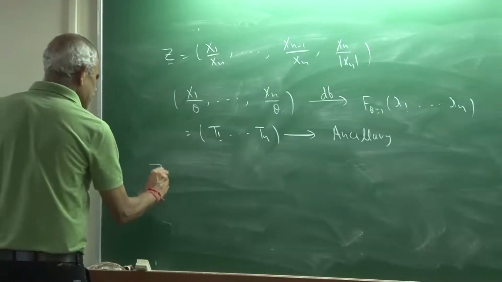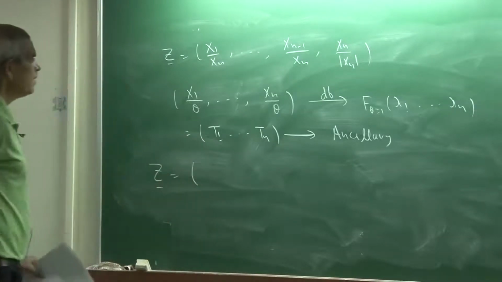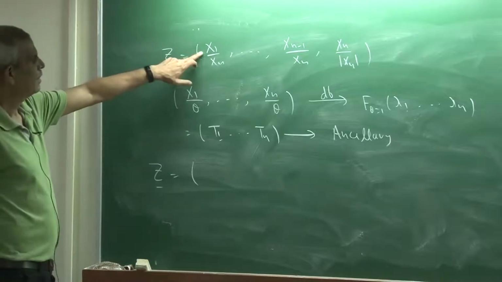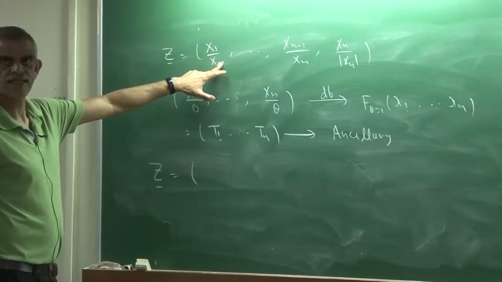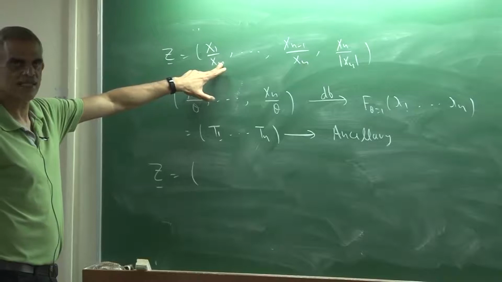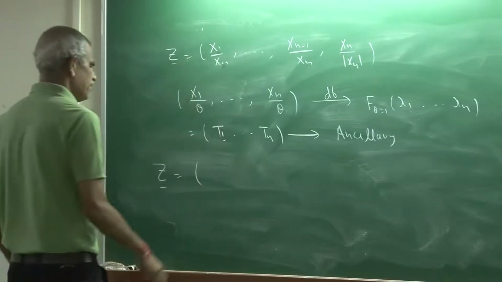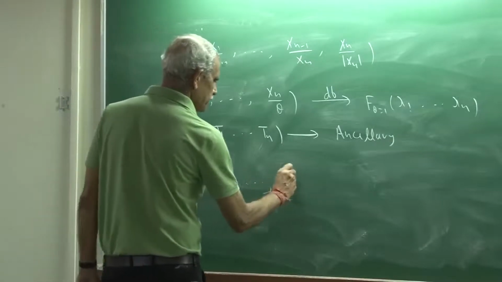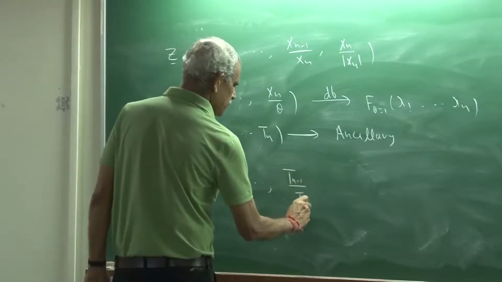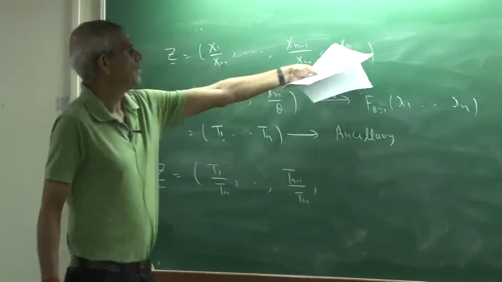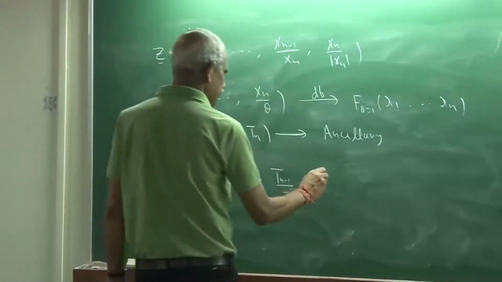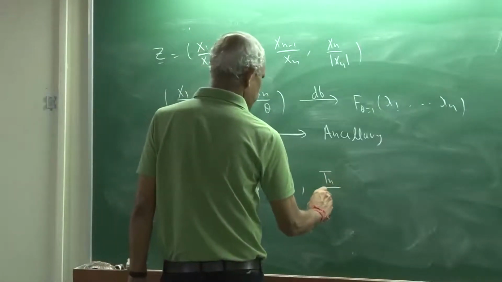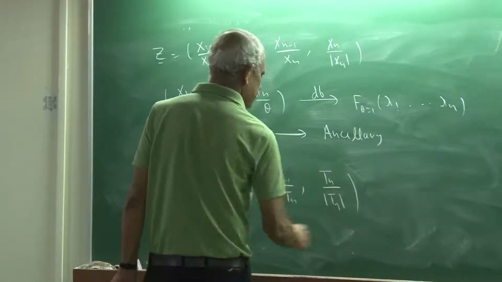Let us try to see Z. Z can be written as, I can divide both sides by theta, numerator and denominator, things don't change. So it becomes T1 upon Tn, Tn minus 1 upon Tn, and then this becomes Tn upon mod of Tn, because theta is positive.